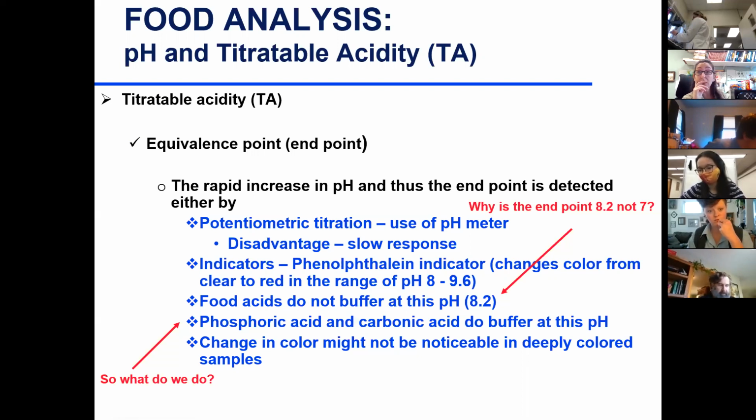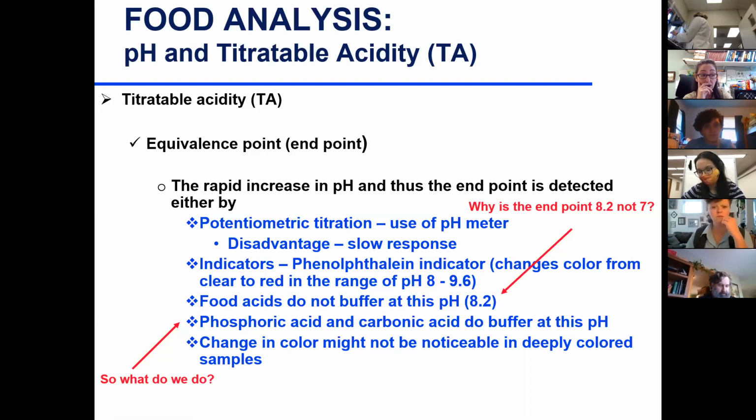So it's going to be really tricky if you have carbonic acid in there and then you're titrating and the color fades and you keep titrating and the color fades. But it really is fading, although you reach neutralization, but then the color keeps fading, then you overshoot your titration, you overestimate titratable acidity.